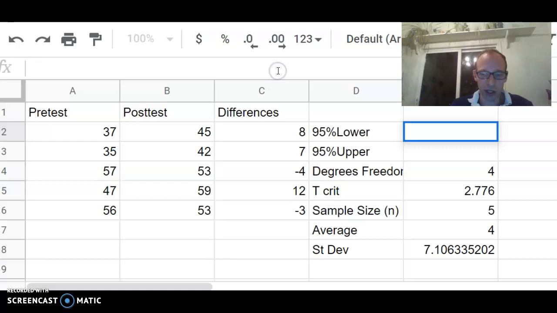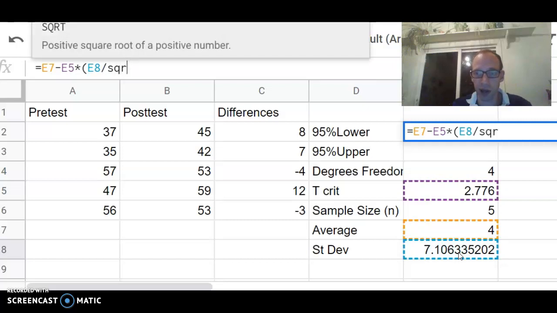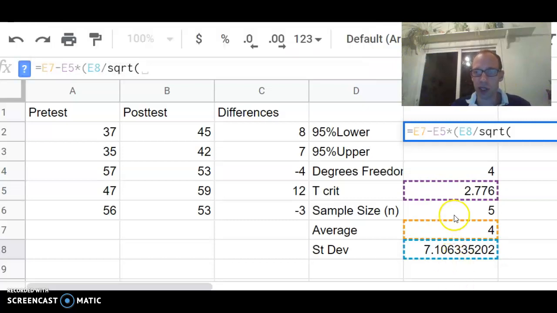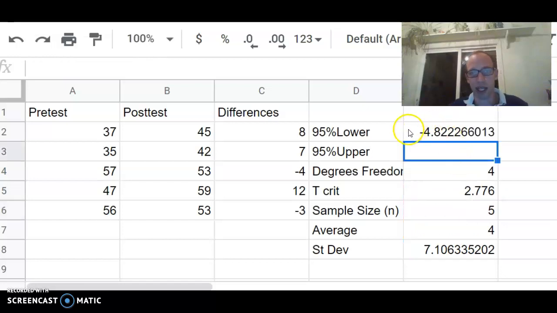And so this would start with the sample average right there. And then if I'm going to lower, I'm going to subtract that critical t-value that I pulled off of the chart times, this is going to be my standard error here, so I'm going to take the sample standard deviation, divided by the square root of sample size, and that would give me my lower bound on basically how much I've improved.